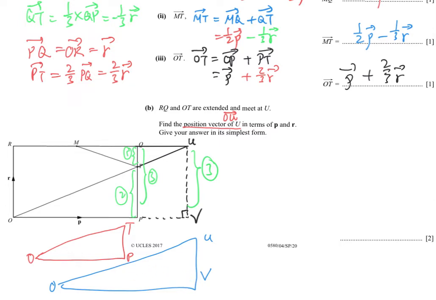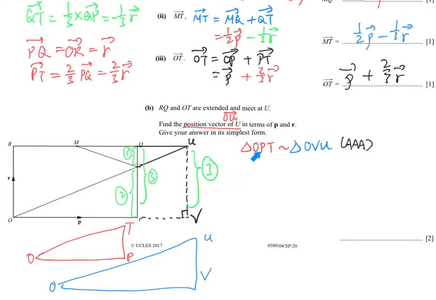For the remaining angle, you can use the angle sum of a triangle to prove it, or you can use the corresponding angles for the parallel lines too. So anyway, these two triangles must be similar. Triangle OPT is similar to triangle OVU, and the reason is AAA, all three pairs of angles are equal.